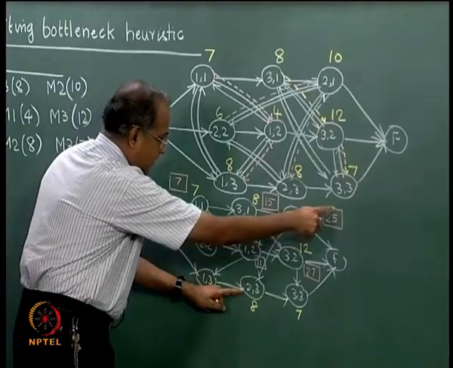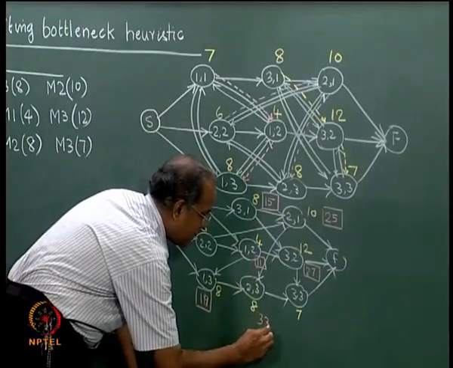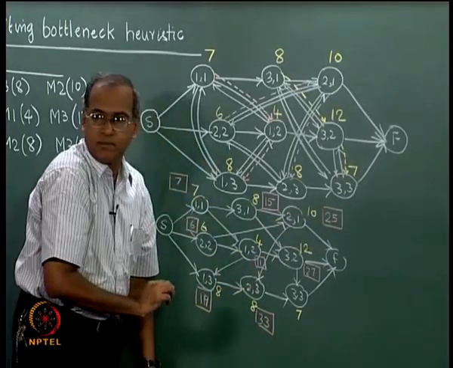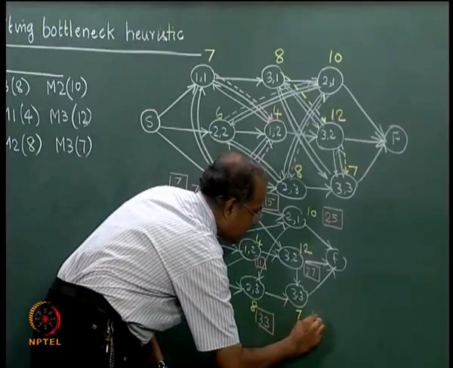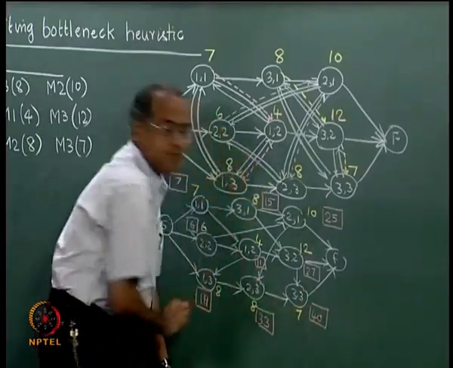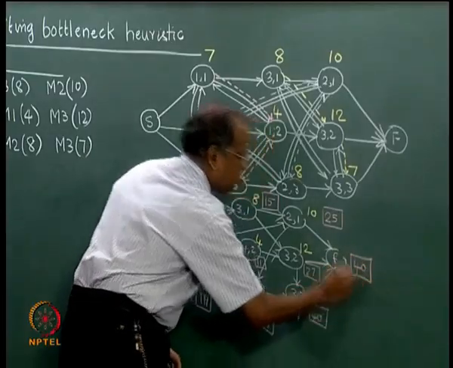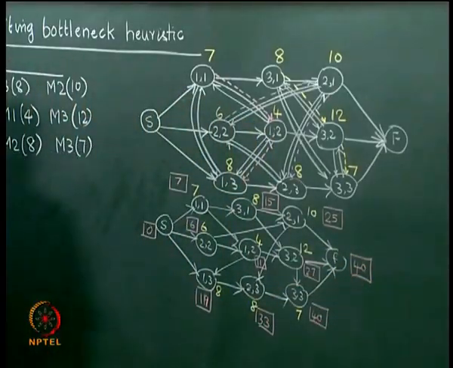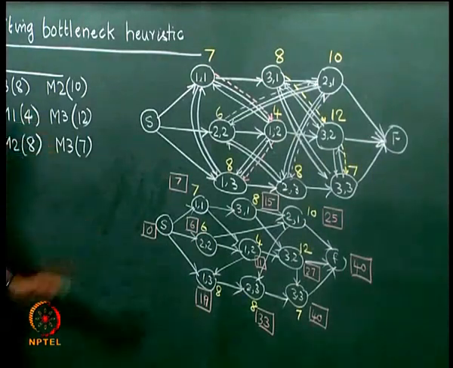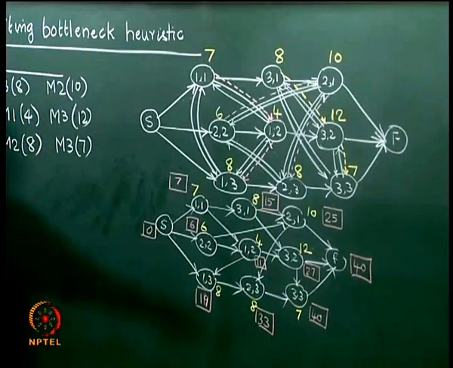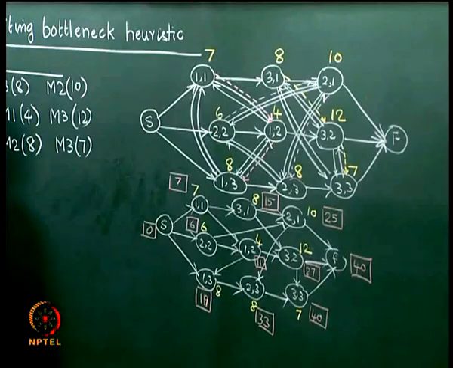Now this will be 25 plus 8, 33, and this will become 33 plus 7, 40, and this is 0, so this will become 40. So now we realize that the longest path on this network has a length equal to 40, which happens to be the make span of the sequence.